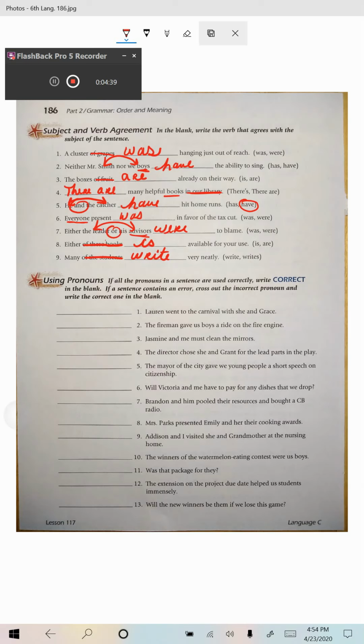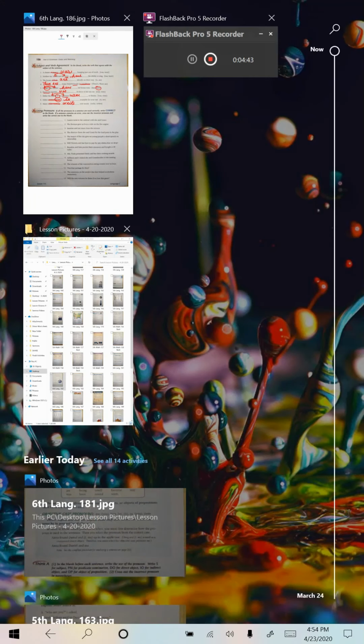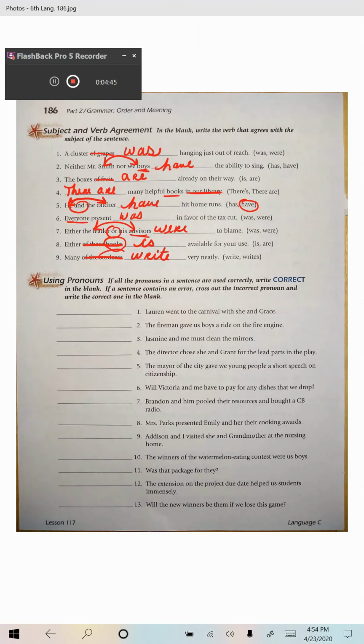Because if you're using the word books or the word students as your guide for subject-verb agreement, then man, you're going to get messed up. Or labeling subjects and verbs, because this is the subject, and that is the subject, not the books and not the students. So that's why we want to get rid of those prepositional phrases.